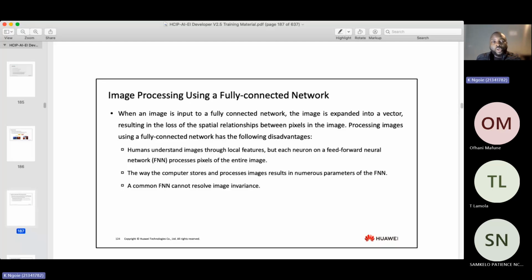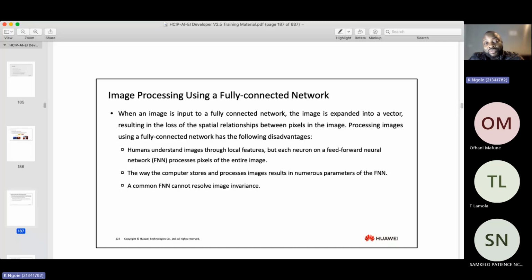So processing images using a fully connected network will have certain disadvantages. Yes, it has advantages of seeing details and everything, but some of the disadvantages is that in a feed-forward neural network, which is a neural network that takes information from the input to the output, we're going to have pixels that are going to be identified.